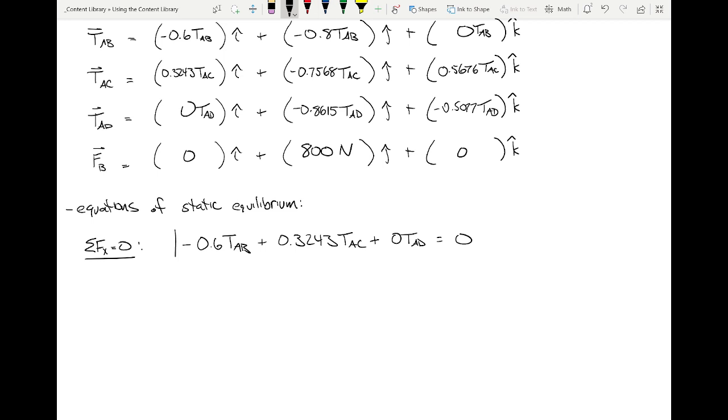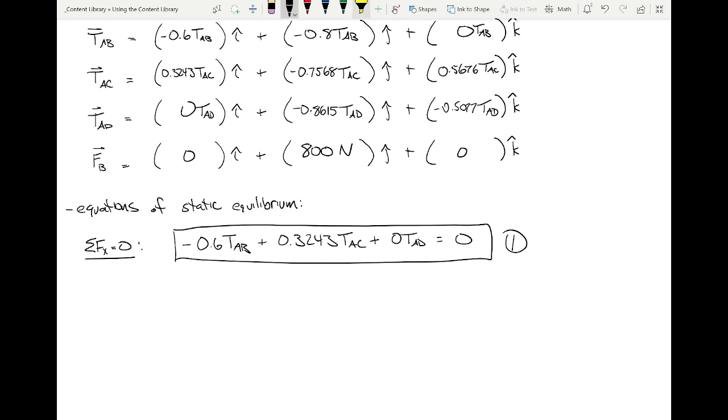This right here is equation 1. Why did that not turn blue? Give me a sec. Oh well, it doesn't matter. Okay, with me so far?